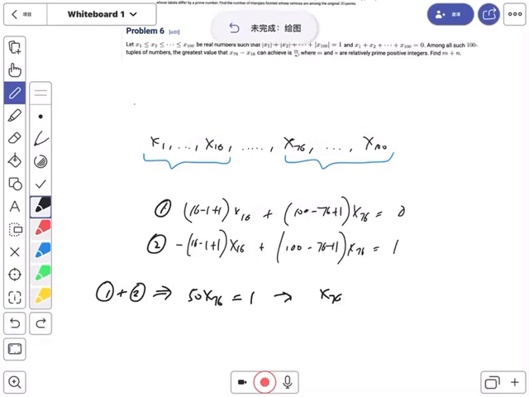Bro, my writing is terrible. So x sub 76 is 1 over 50.